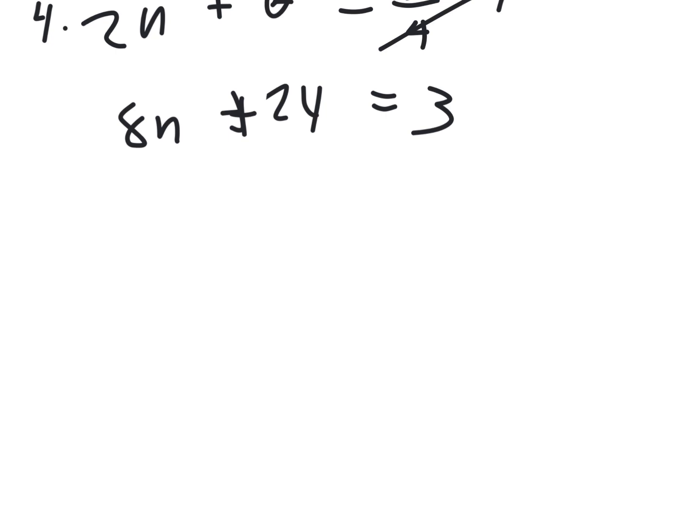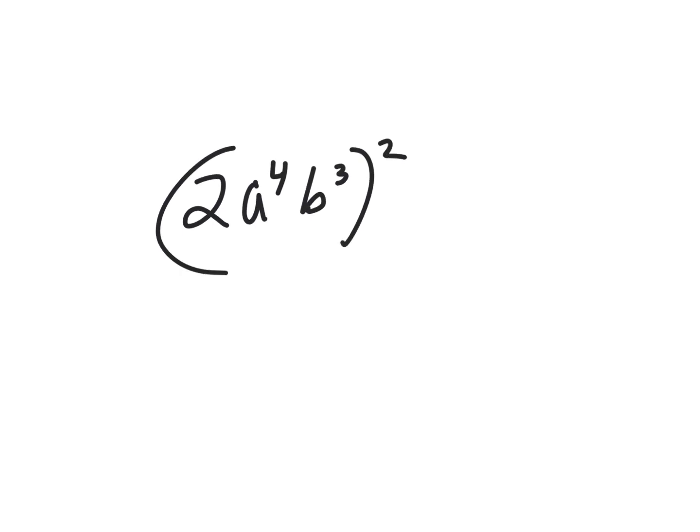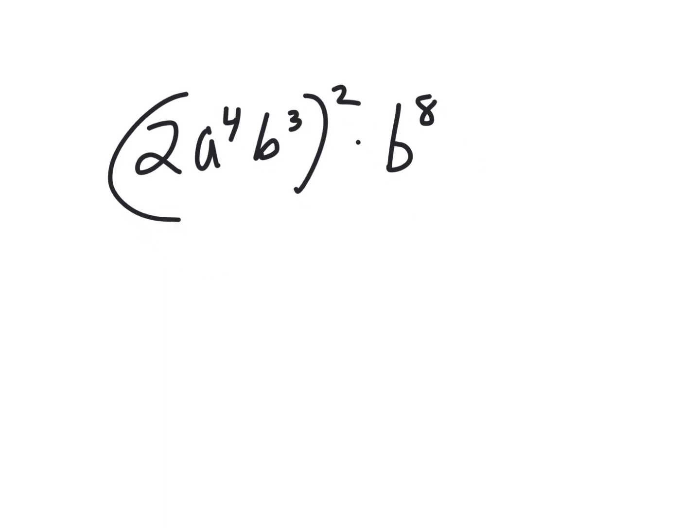Second place to that is kids get confused on what you do on this kind of question, because they forget, is this the kind where you multiply the powers? Or is that the kind where you add the powers?